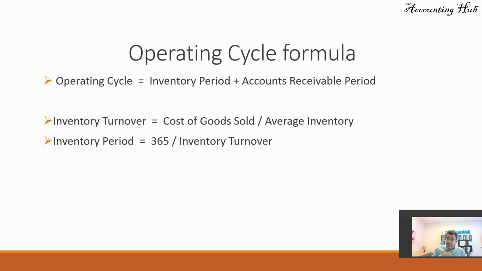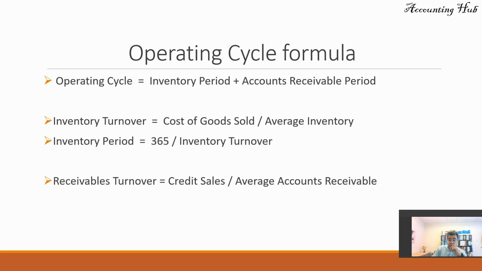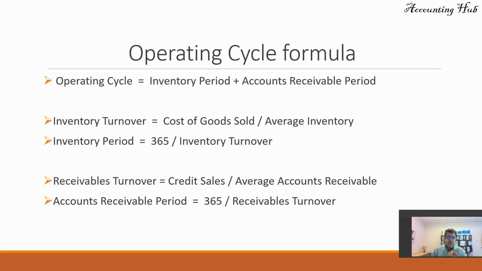What I like the most, I break it into formulas because it's very easy to set it up wrong using Excel, because the formula is too long, too many parentheses. And the receivables turnover is credit sales divided by average accounts receivable, and accounts receivable period is 365 divided by receivables turnover.